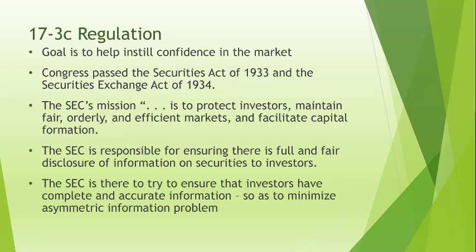The SEC is there to try and ensure that investors have complete and accurate information. So really what they're there to do is to minimize the asymmetric information problem, so that there's a full disclosure of what's going on in the company in a timely manner. And so all companies that are listed on stock exchanges in the US have to make quarterly reports. So they have to report on a quarterly basis about what's going on and produce accounts.